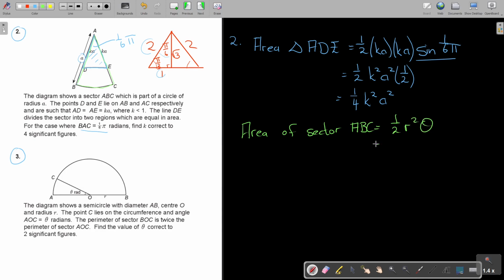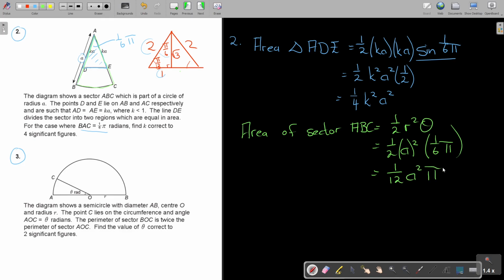I know my formula. So don't forget, now the radius is A. Are you with me? So it's A squared, and theta is still 1 over 6 pi. There's no sin or cos, so you cannot go to these triangles. So it's just 1 over 12 A squared pi.